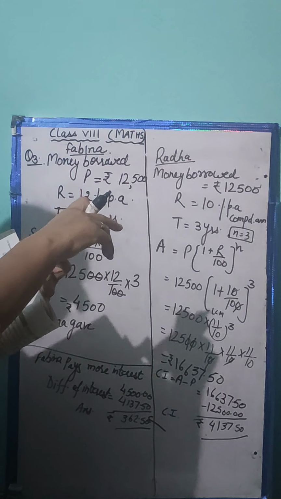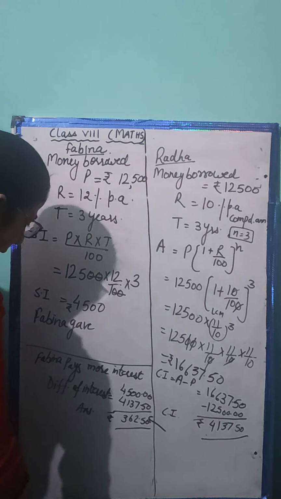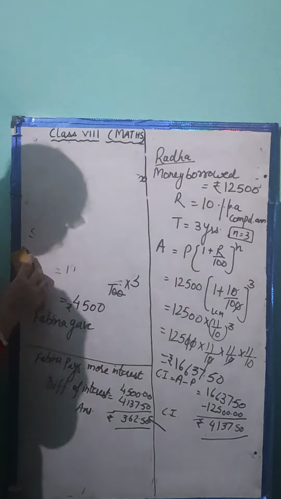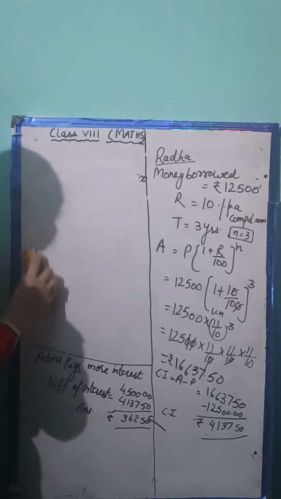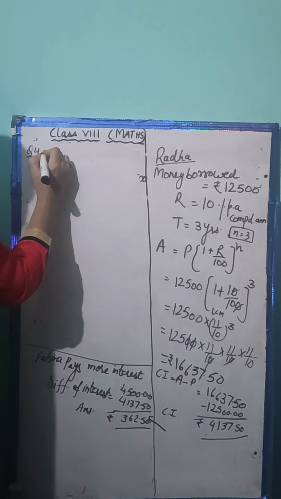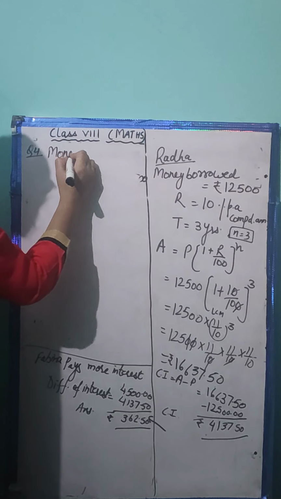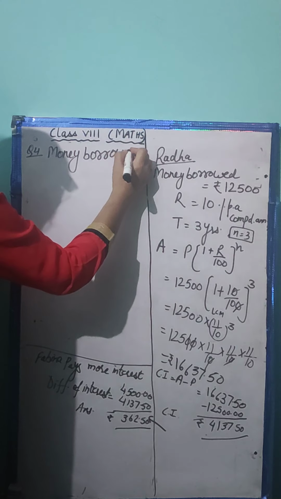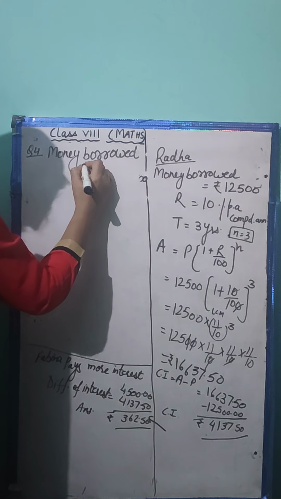I borrowed 12,000 rupees from Jamshed at 6% per annum. Question number 4. Whatever money we borrow or invest is called principal.